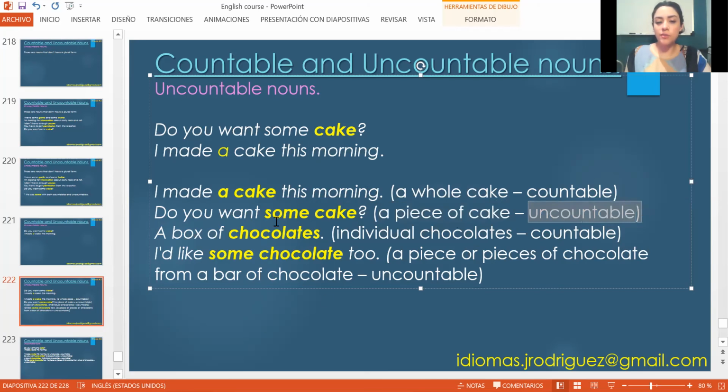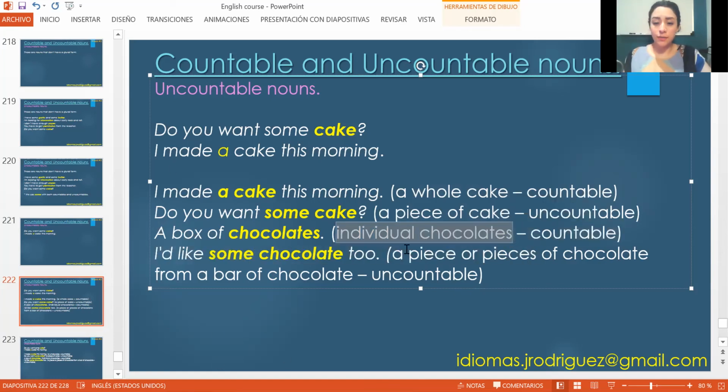Here is uncountable cake. Then I have a box of chocolates. A box of chocolates. In this case, una caja de chocolates. That means that is countable. Okay, estoy hablando de una caja de chocolates, de pequeñas piezas de chocolates. Individual chocolates.